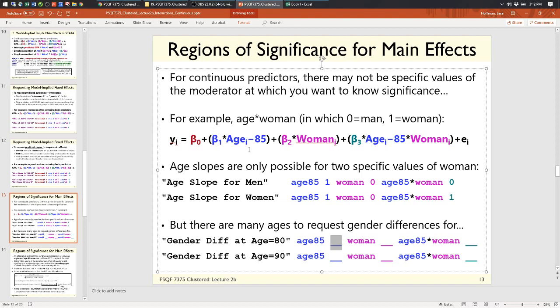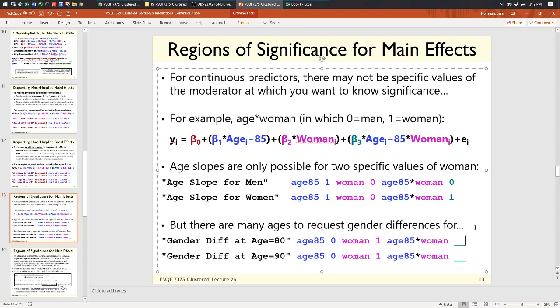Is gender in beta 1? Nope, that zeroes out. If what I want is the gender difference, then the main effect of gender gets a 1. And now the interaction term carries the modification by the other variable.